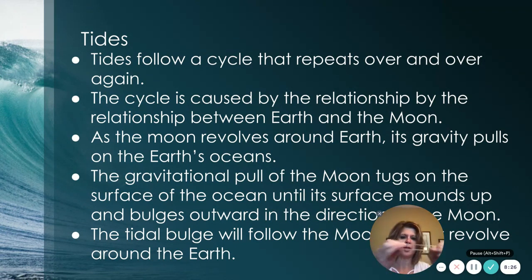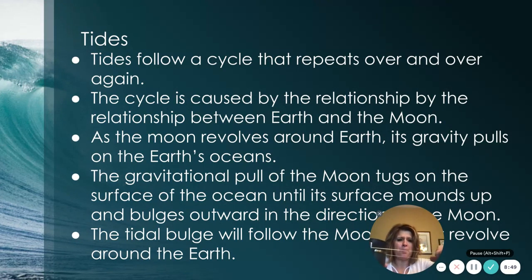A rubber band is very much what the Earth is doing. If I am just on one side holding this, and if I'm the moon, I pull on one side, what happens? It pulls out. And that's what happens to the Earth's surface underneath the ocean water.